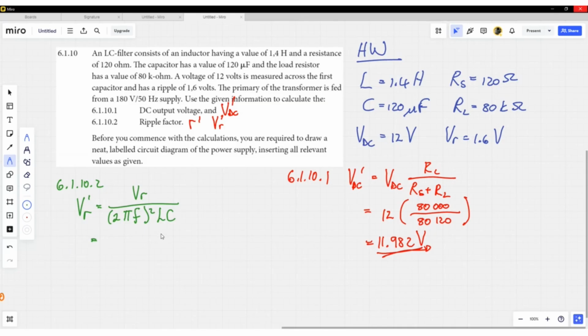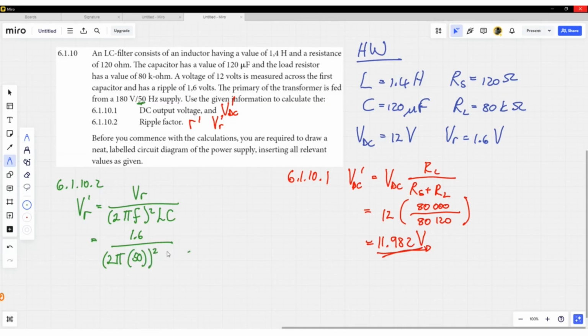So then you have to calculate the capacitive reactance in that case. But anyways, we have the inductor here as well, so things are going to change a little bit here. So we are given this ripple voltage as 1.6, as then 2 times pi times 50. This time the frequency is 50 hertz.